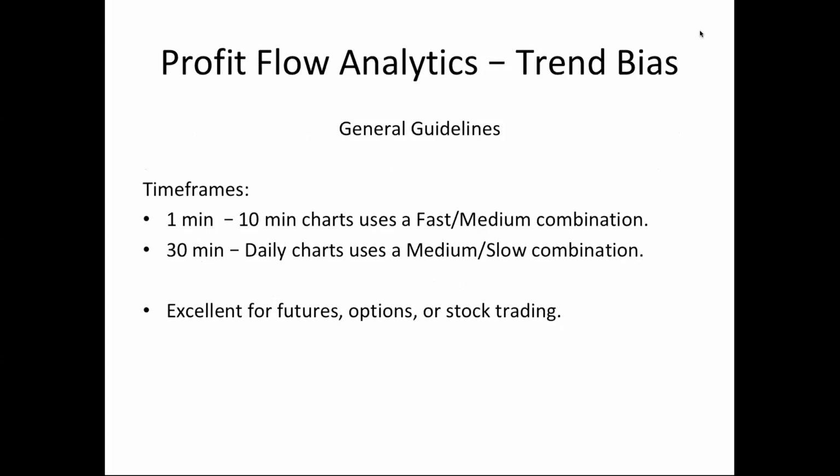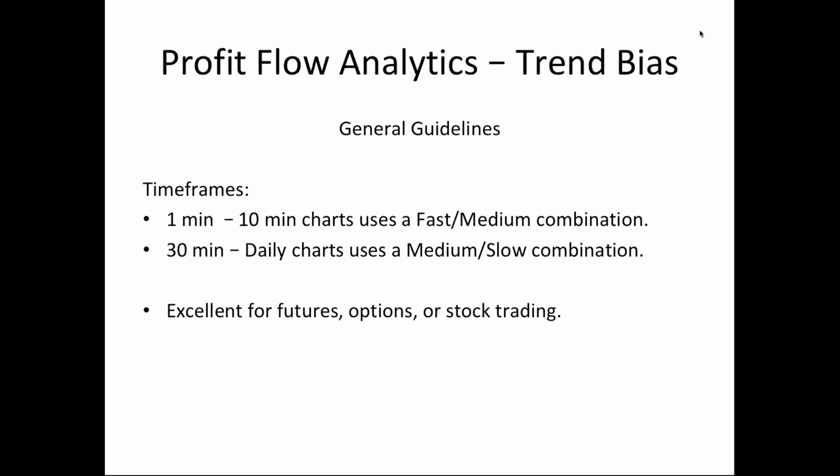Now, the time frames that we use the trend bias on and Profit Flow Analytics in general are generally anywhere from 1 minute to a daily chart. And that kind of depends on whether you're an options trader, a futures trader, whether you like the rapid fire action of a 1 minute chart, or if you prefer to slow things down a little bit with a 30-minute chart. But I'm going to explain more in detail about what exactly this means.